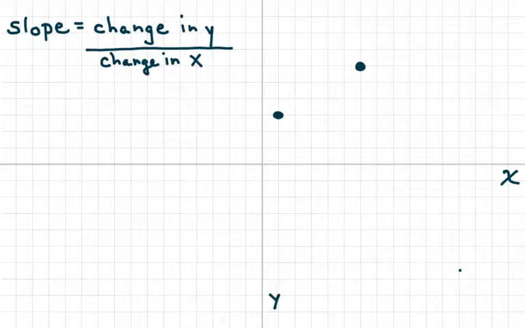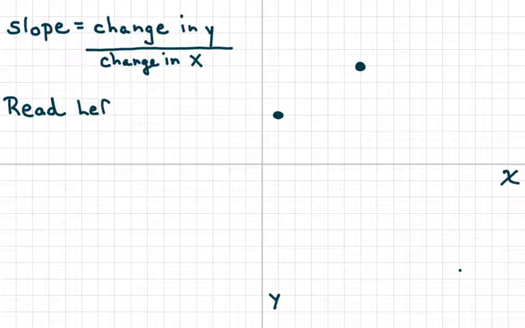So right now we're just going to randomly take 2 points that I've already plotted, and we're going to talk about how you calculate the slope in between those 2 points. The big deal with slope is when we talk about these points, we read graphs from left to right.